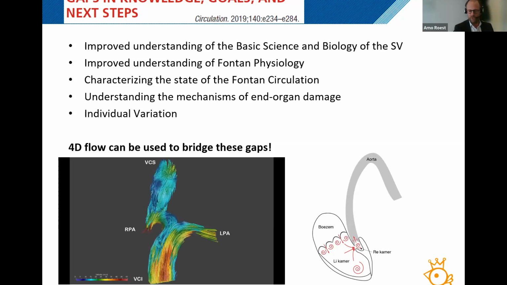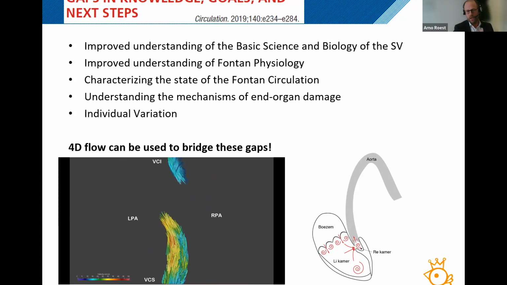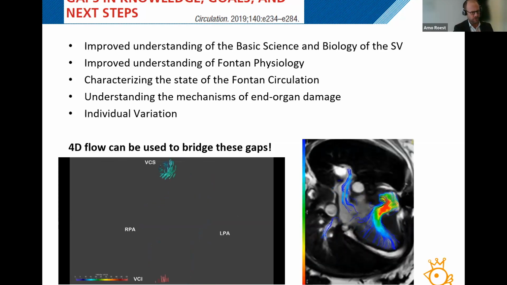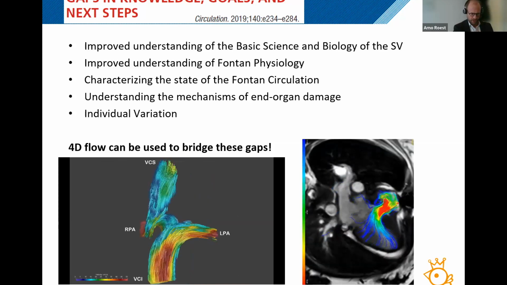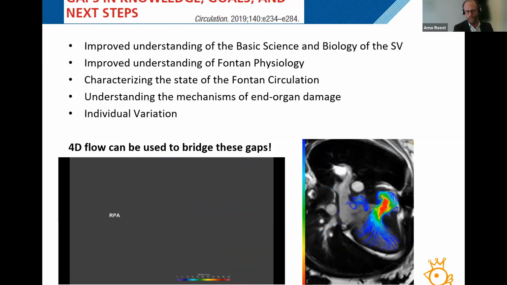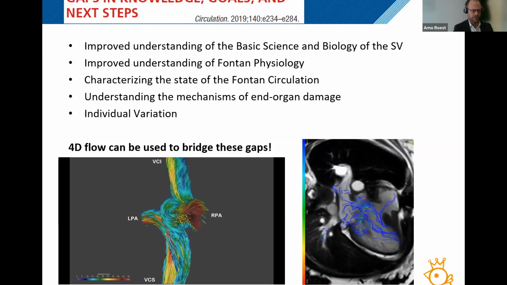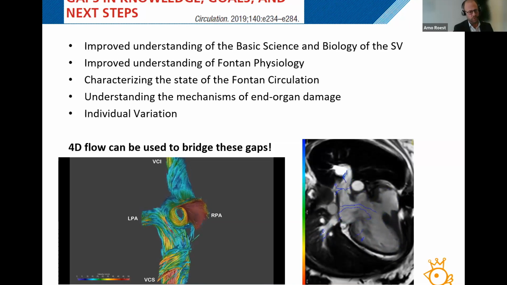as you have a beautiful evaluation of the flow patterns, but also advanced parameters. And as Francesca showed you, you can get a total volume of the Fontan circulation, but also from the intracardiac perspective. This is the case of a double-inlet left ventricle, where the blood to the aorta goes from the left ventricle through a VSD, ventricular septal defect, toward the right ventricle and the aorta.